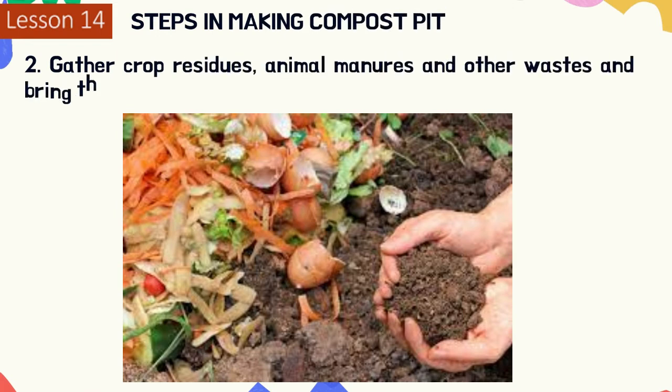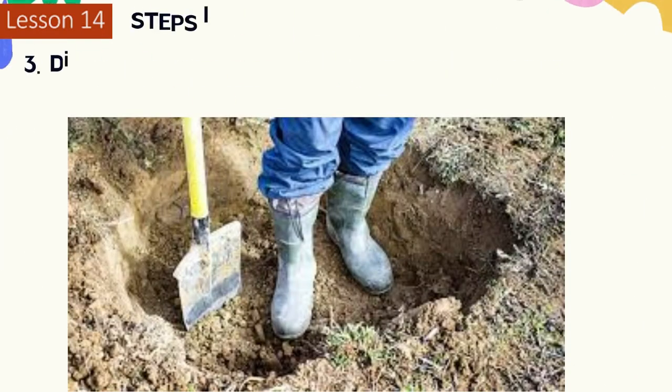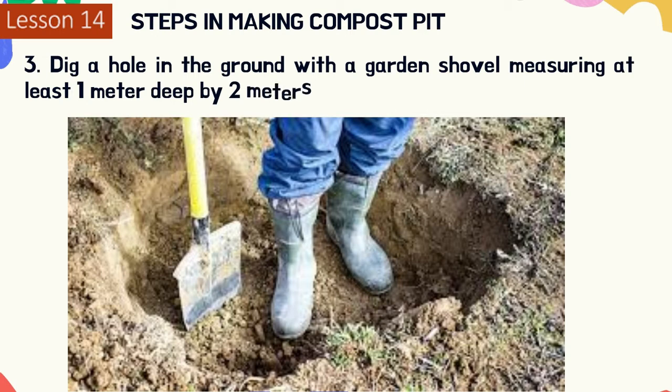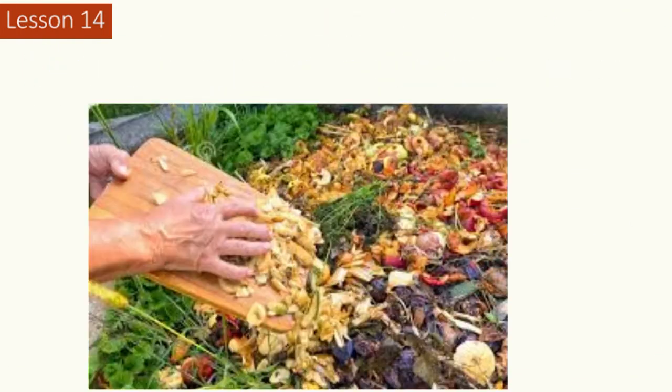Gather crop residue, animal manures, and other wastes and bring them to the preparation site. Cut the composting materials into small pieces. Number 3. Dig a hole in the ground with a garden shovel measuring at least 1 meter deep by 2 meters width and 3 meters length.